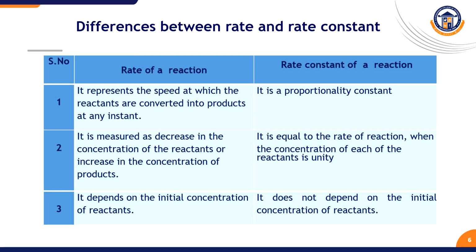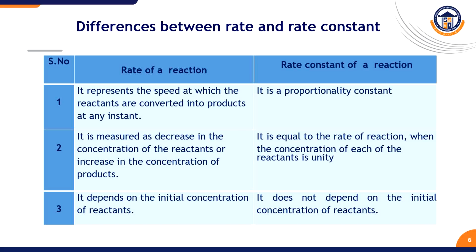So now we can see the difference between the rate of the reaction and the rate constant of the reaction. The rate of the reaction represents the speed at which the reactants are converted into products at any instant of time, while the rate constant is only a proportionality constant.